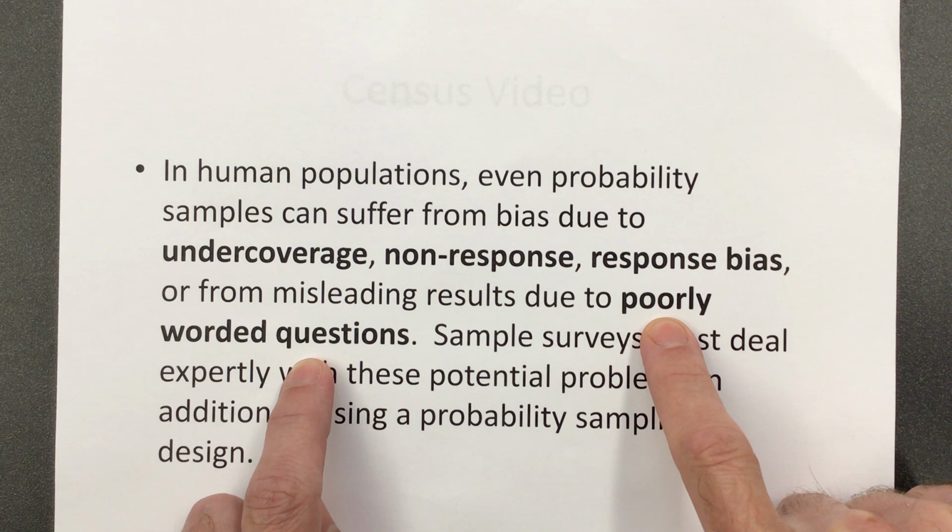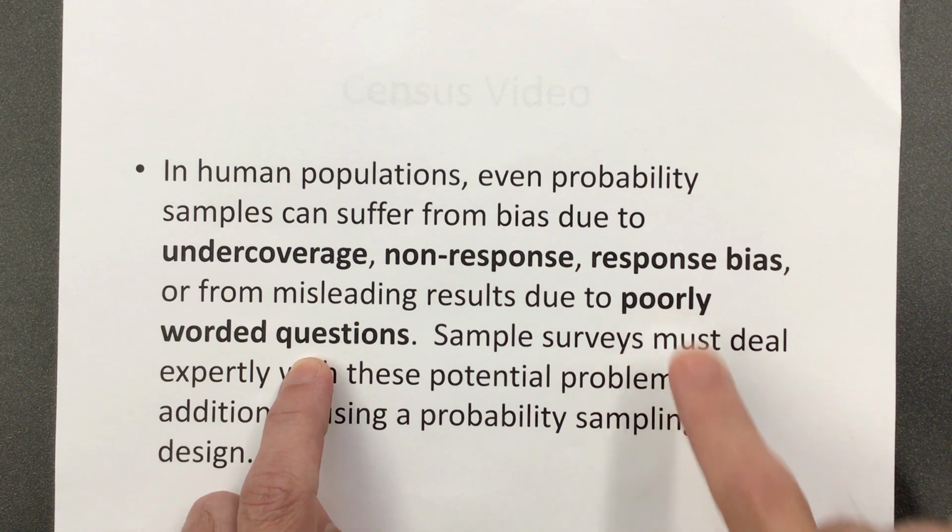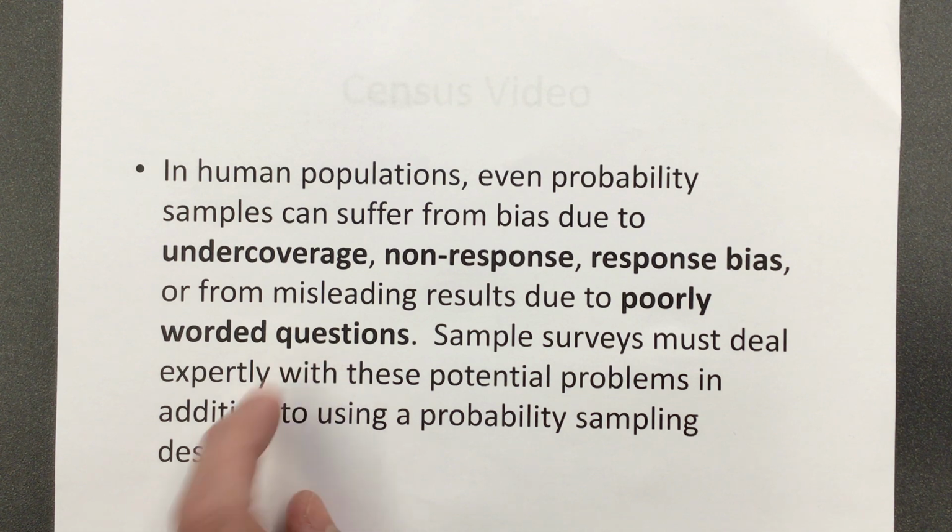Or it could be a leaning question. A lot of times, especially in politics, certain groups have a platform and they will purposefully word their questions in a way to try to sway the answer, and then they can point to, 80% of Americans agree with us on this issue.